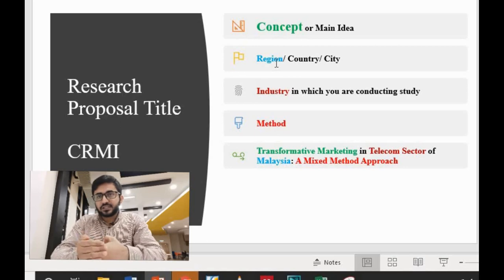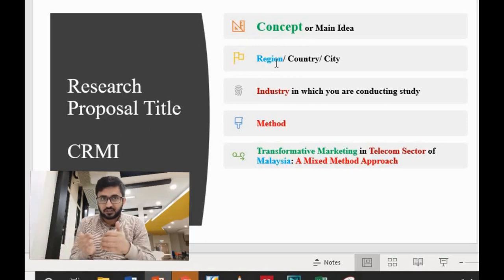And then you have to mention the industry, in which industry you are going to collect the data, which industry you are going to use as a metaphor. What do I mean by metaphor? This is something which we use to explain a theory, either to make a theory or validate a theory.